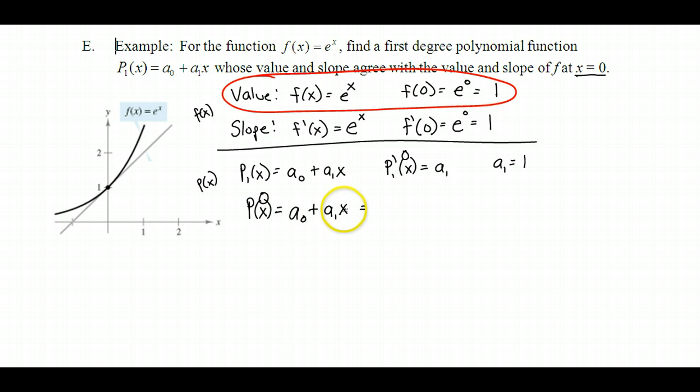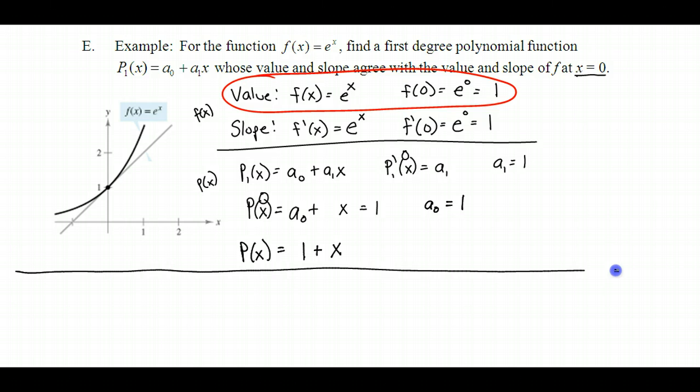If I plug in 0 for x, that's going to give me 0 for the second term, even though the a sub 1 I probably could have written as a 1, or not put anything there. Therefore, if this thing has to equal 1, a sub 0 also has to equal 1. So my first degree polynomial, p of x, is equal to 1 plus 1x, and I'm just going to write it as x.